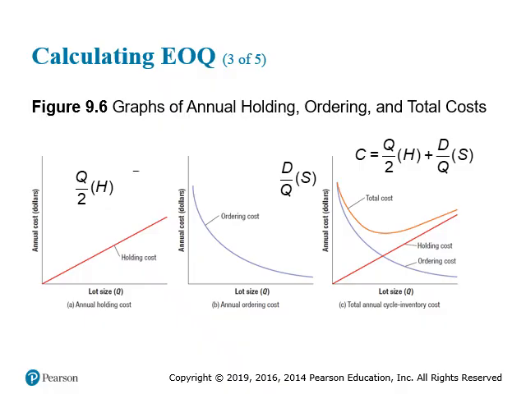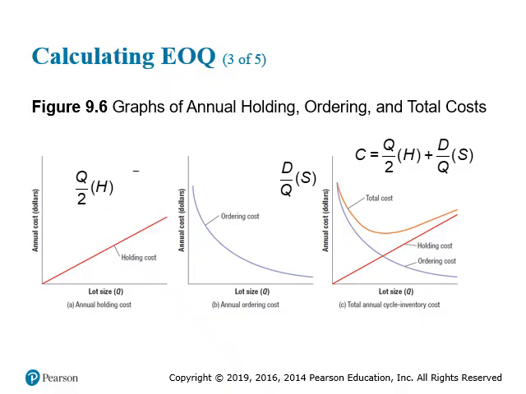That should be intuitively obvious. If you order every day, you're going to spend a lot ordering. If you order twice a year, you're not going to spend nearly as much. This is what we call a negative exponential function, so it has this sort of curving shape that's asymptotic to the horizontal axis. As the quantity gets big, the annual cost gets smaller.